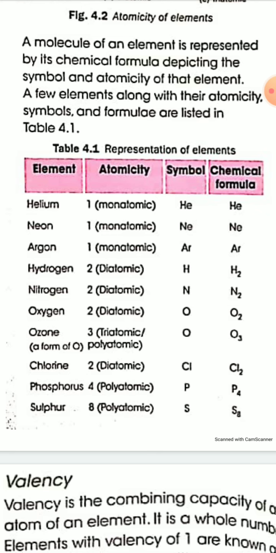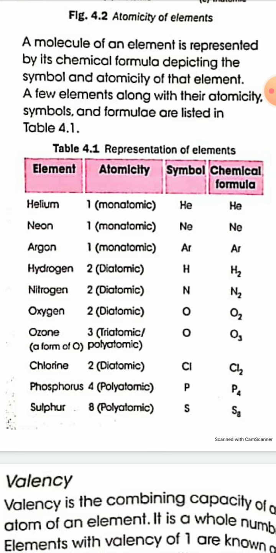Similarly, ozone is a triatomic molecule, that is, its atomicity is 3, and ozone is also a molecule of oxygen which contains 3 oxygen atoms. That's why the chemical formula of ozone is O3. Chlorine is a diatomic molecule, with chemical formula Cl2.